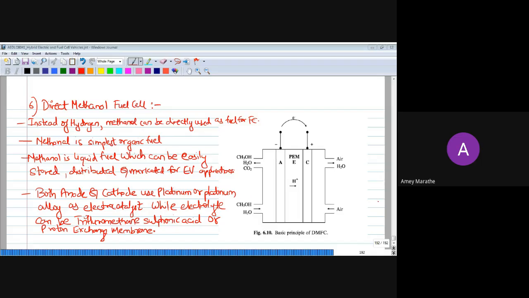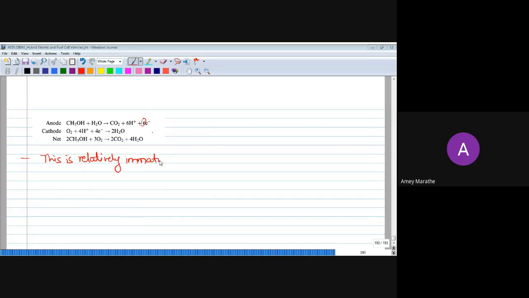If you see the working, or the equations related to this direct methanol fuel cell, which can be one of the future fuel cells, the number of electrons which are freed during this process is very, very high. Again, this is a relatively immature technology.